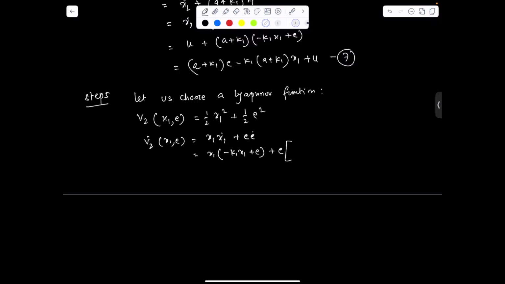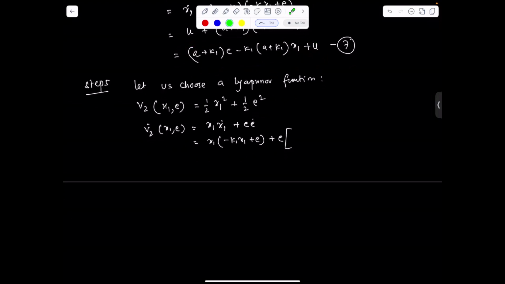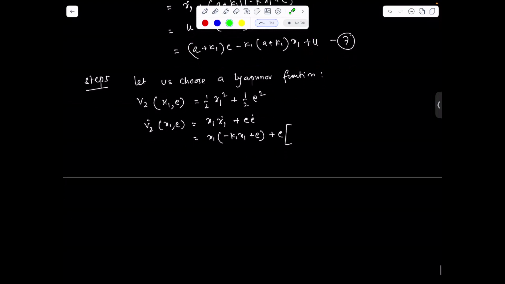In e dot, we can substitute this expression: a plus k1 e minus k1 into a plus k1 x1 plus u.